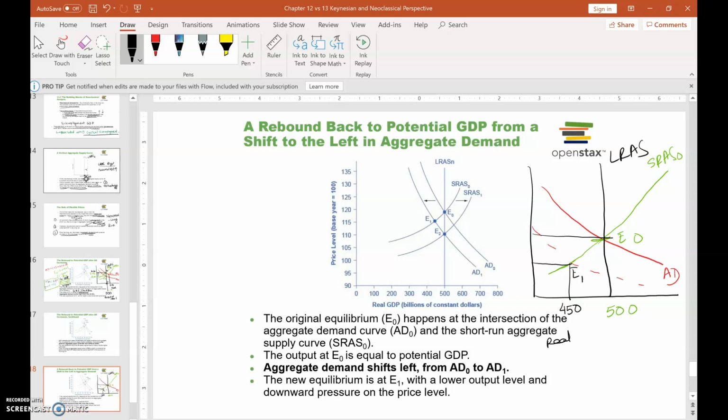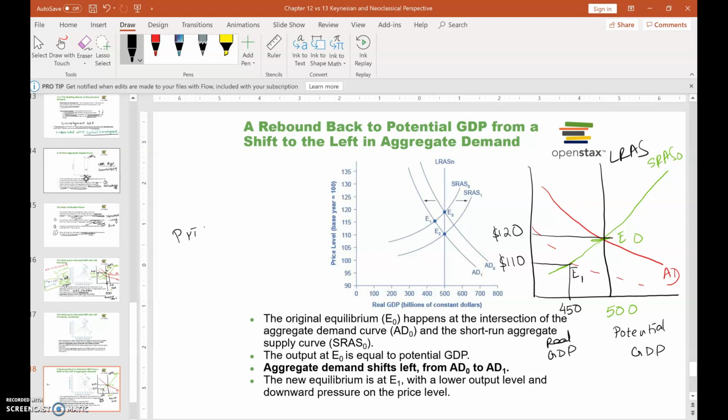So 450 is my real gross domestic product, 500 is the potential gross domestic product. If I compare points E0 to E1, it looks like the price went down along with the output, which also went down.